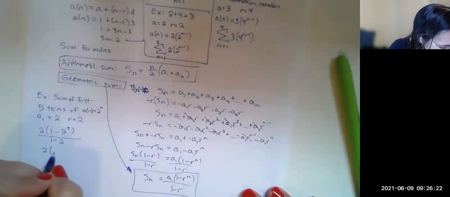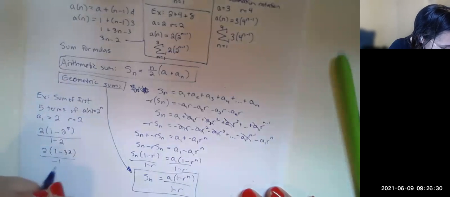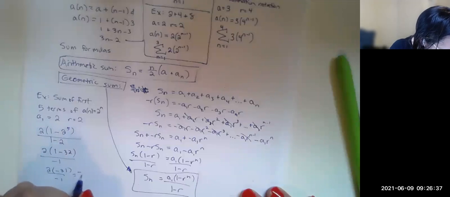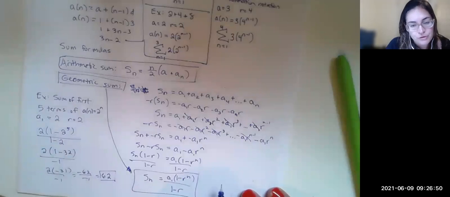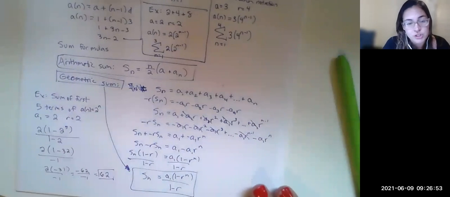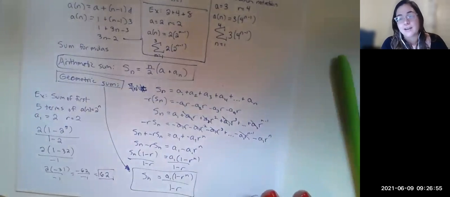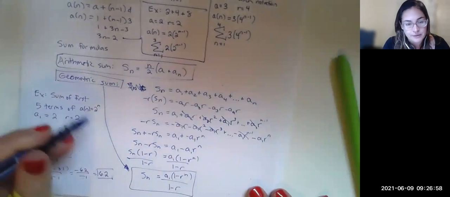So it'll be 2 times 1 minus 32 over -1, so that's 2 times -31 over -1, which is -62 over -1, or 62. So if you don't want to list out the terms, which sometimes you won't, especially if it's the first 13 or 28 terms, you can use this sum formula.